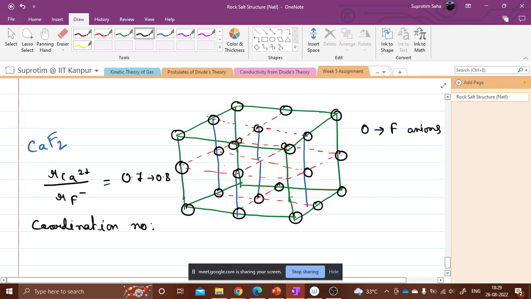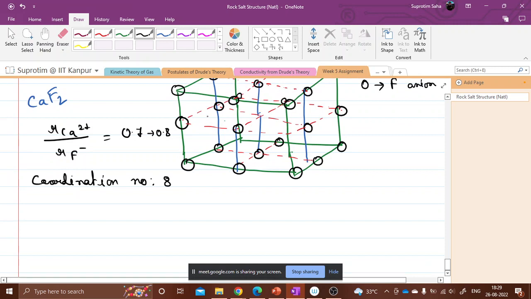Coordination number is 8, right? In that case, the nearest neighbor count is 8, but you have to take into account the valency, right? So Ca is to F, this is 1 is to 2.